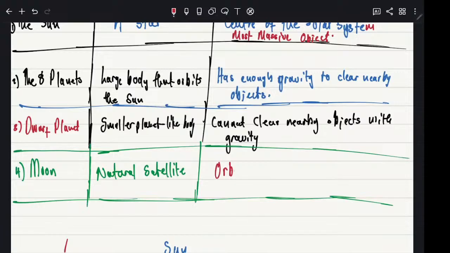So a moon, it orbits a planet. Many planets have moons. When we say we have a moon, it's just a natural satellite. Are we together? Okay? And what is a satellite? Anything that goes around a planet. What is a planet? Anything that goes around the sun. Okay? Are we together, students?